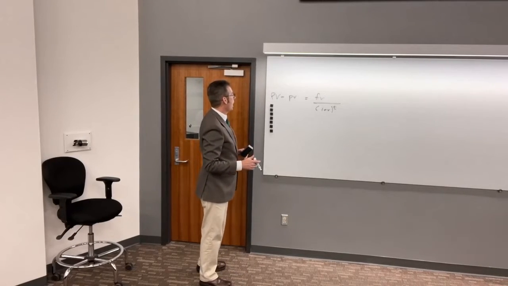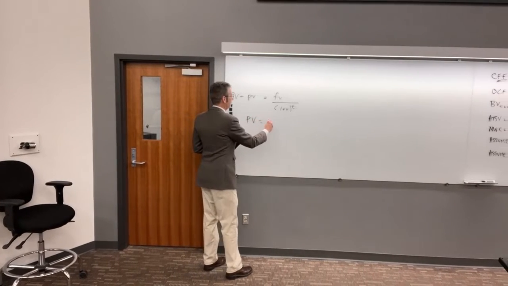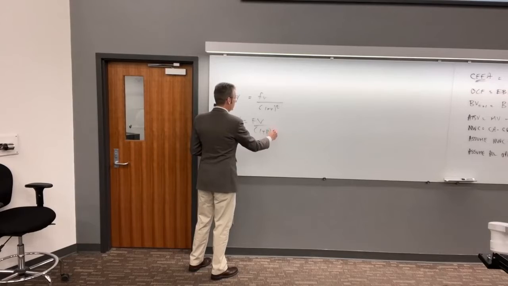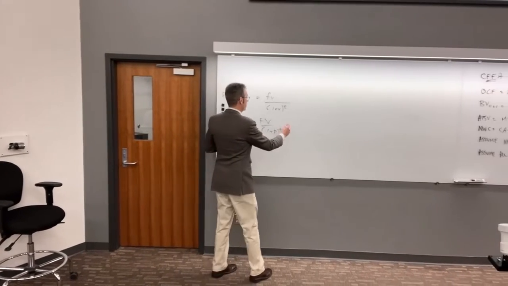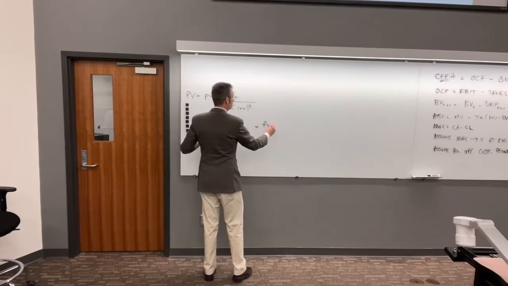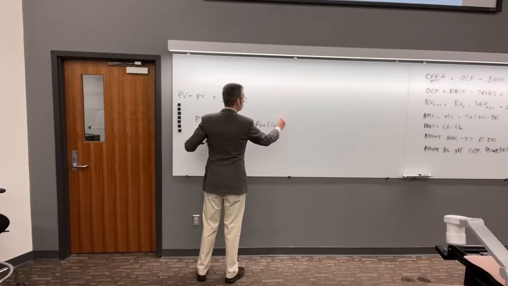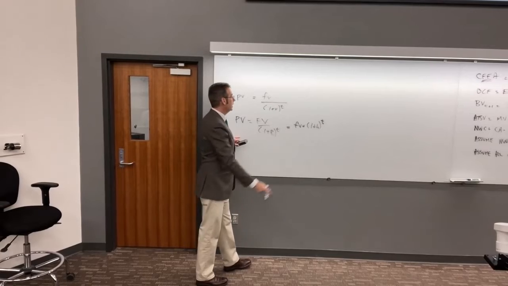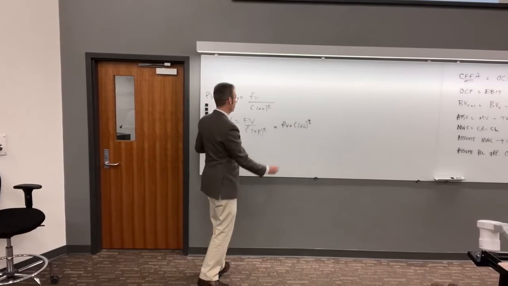Now I can also show you that big PV is equal to big FV divided by 1 plus big R to the T. And I could further break this down and say, well, this is really the real cash flows multiplied by 1 plus h to the T. What's h? Inflation. Inflation compounds just like interest.